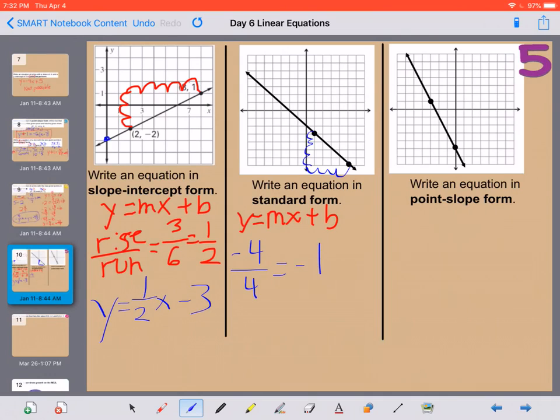That's going to simplify to -1. Our b is where it crosses the y-axis, and that's at -2. So y equals -1x minus 2. All we got to do now is move over our x, so I'm going to add 1x and get x plus y equals -2.